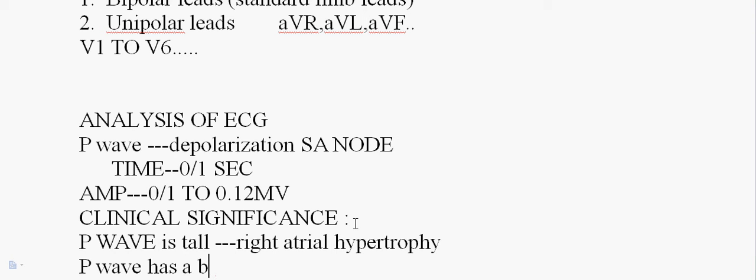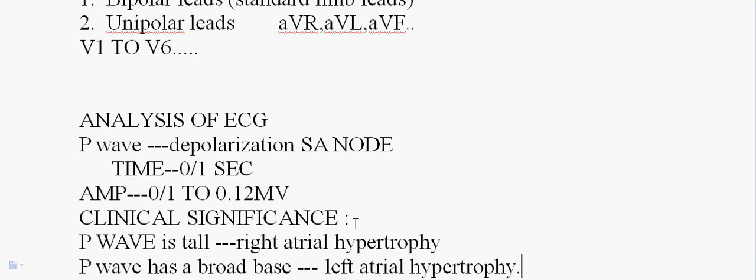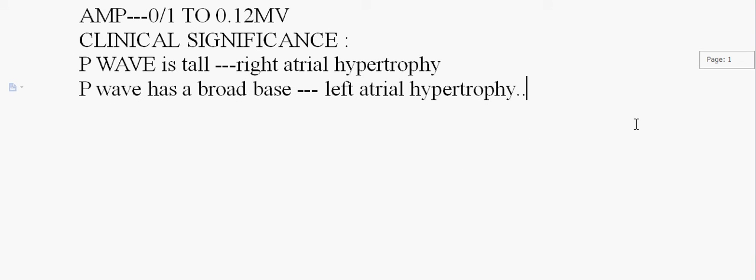If the P wave is tall, we might have right atrial hypertrophy, and if the P wave has a broad base, we might suggest the patient has left atrial hypertrophy.